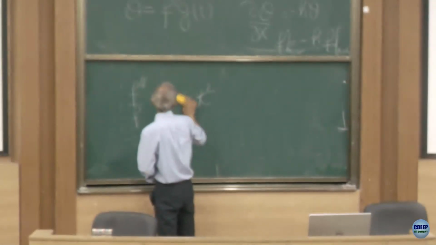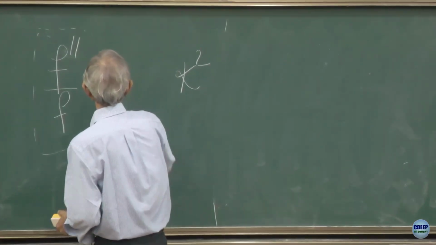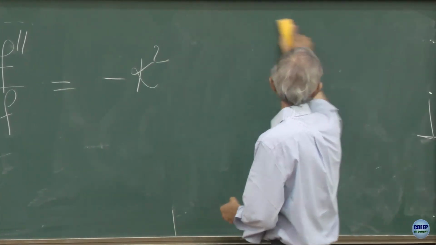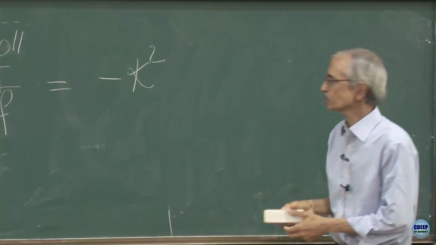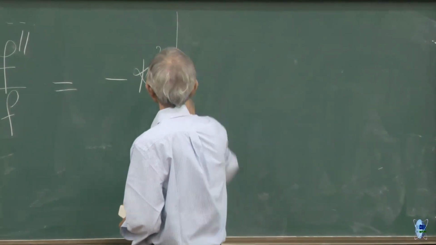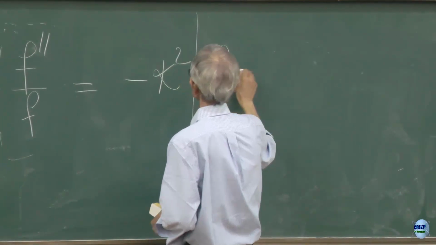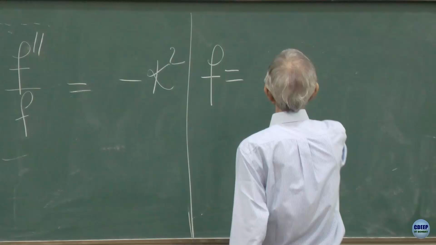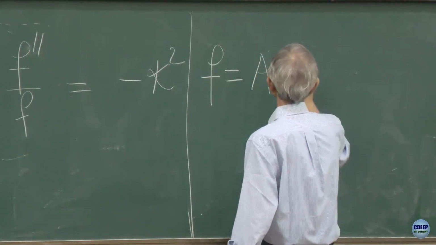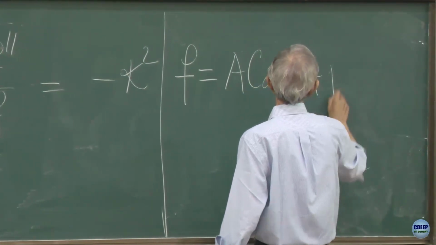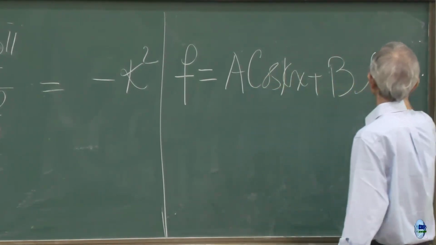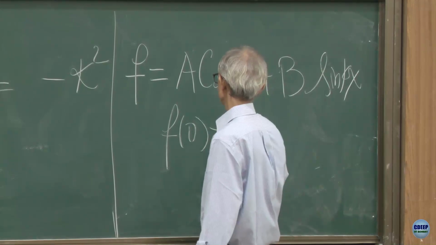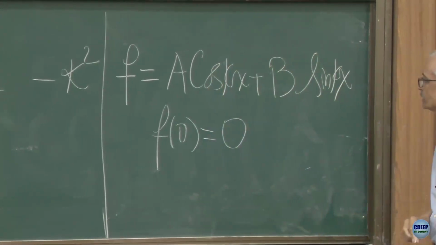So what we say is f double prime is equal to minus k square, and you are going to get your sines and cosines now. f becomes equal to a cos kx plus b sin kx. f(0) equal to 0, which means which term is going to go to 0?